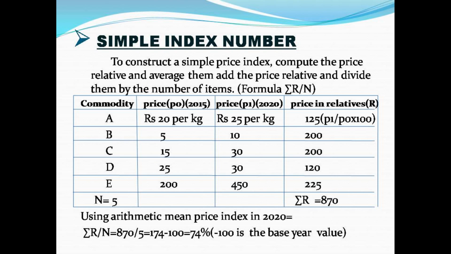When we subtract the base year value, that is 100, from this answer, we will get 74%. That means 174 minus 100, we will get 74. This is a percentage. It means the index of wholesale prices in 2020 comes to 174. This means that the price level rose by 74%.